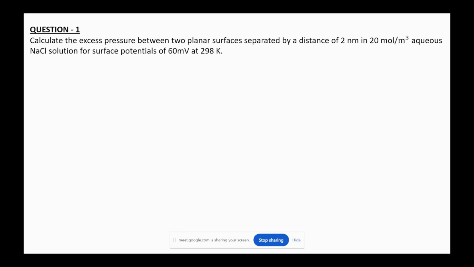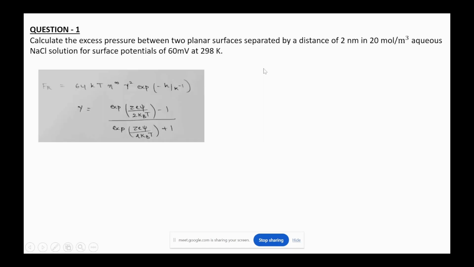Let me share the formula, then I hope you will have more ideas. So this is the formula: Fr, the repulsive force, and the excess pressure is equal to the repulsive force, which is equal to this big expression. You can use that here as well.